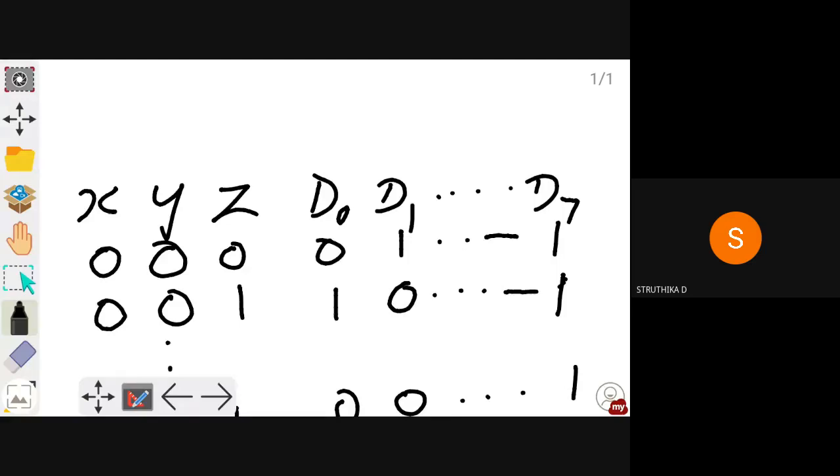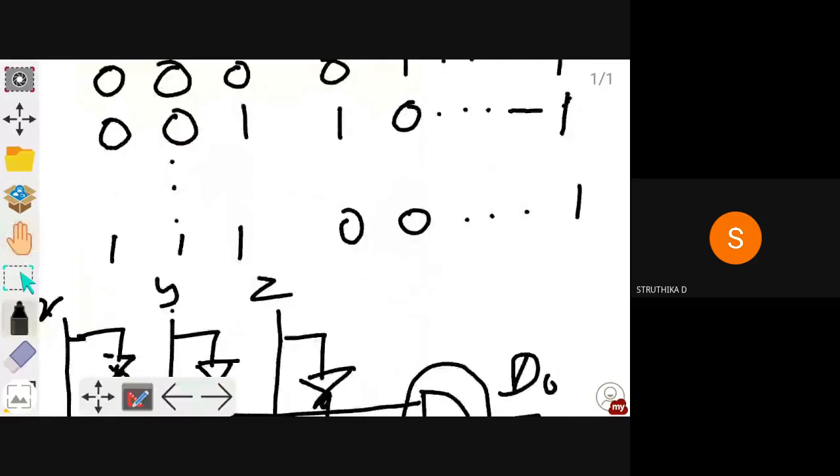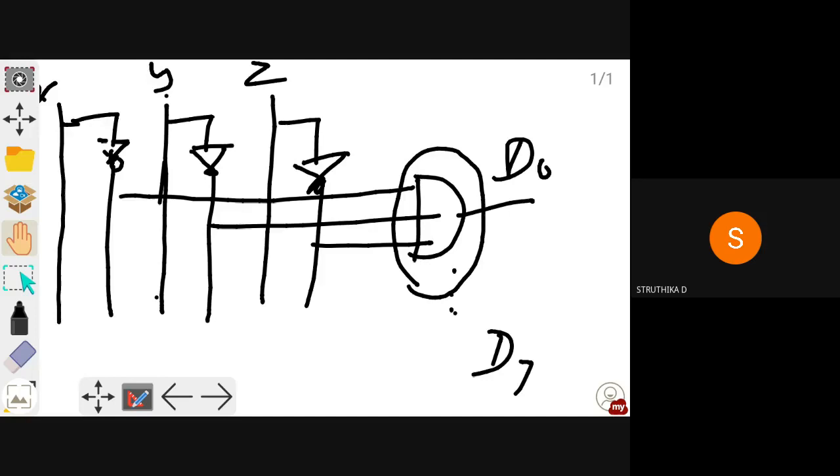And similarly for 1, 1, 1, the rest will be 1 and D7 will be 0. While designing, instead of an AND gate, you have to use a NAND gate here. So that is the difference. You can design a decoder either using an AND gate or using a NAND gate.